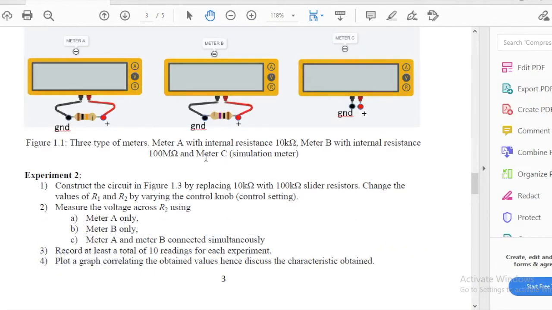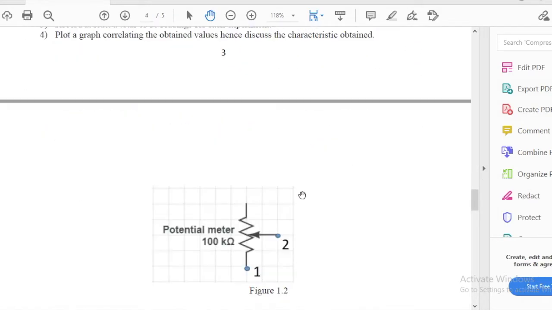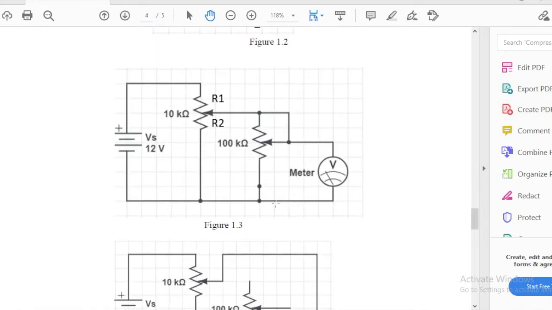For experiment 2, the instruction given is to replace R2 from 10k to 100k, according to figure 1.3.